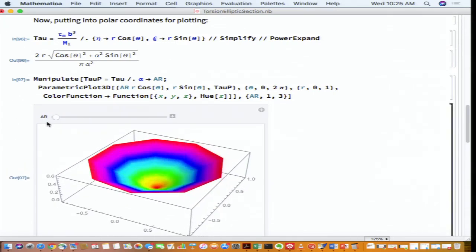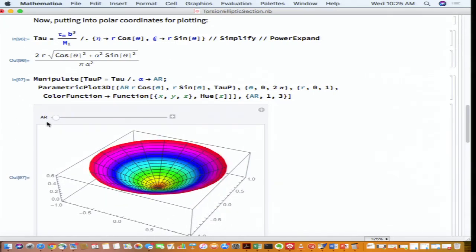So you can see that initially the shear stress is the same around the edges because it's a linear variation for a circular cross section. The circumference is at the same distance. If you take a circle, the outermost points are at the same distance from the center, so the shear stress is the same, right?